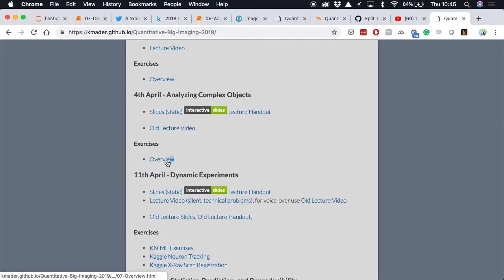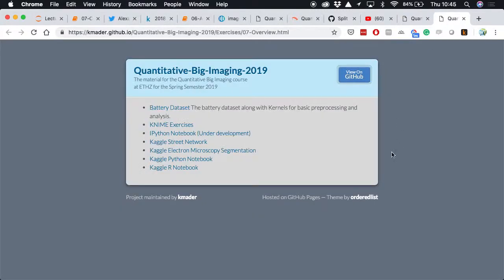So for the complex objects one, again it's a lot of these examples that I've shown before. There are some NIME exercises from the old approaches, and then there are Kaggle notebooks for all of the newer ones, because a lot of those, like the battery dataset, are quite large, around 10 gigabytes, to download. You can do it on Kaggle without having to download anything locally.